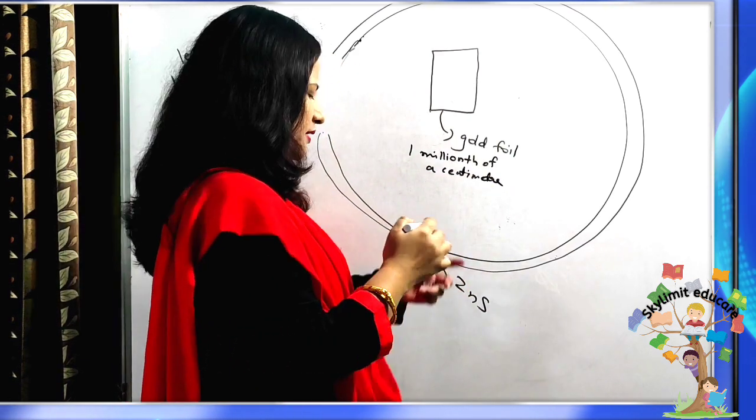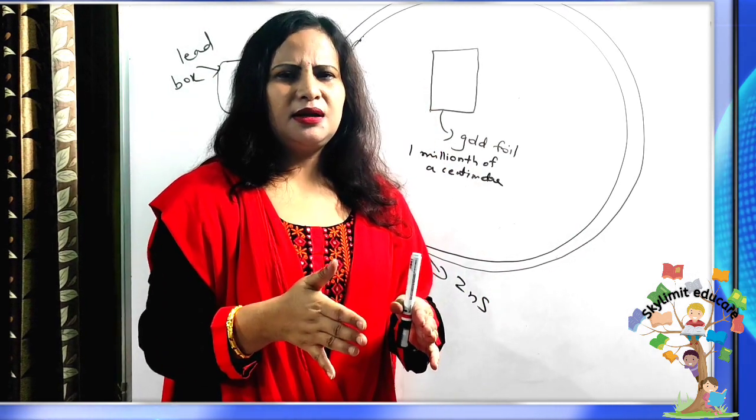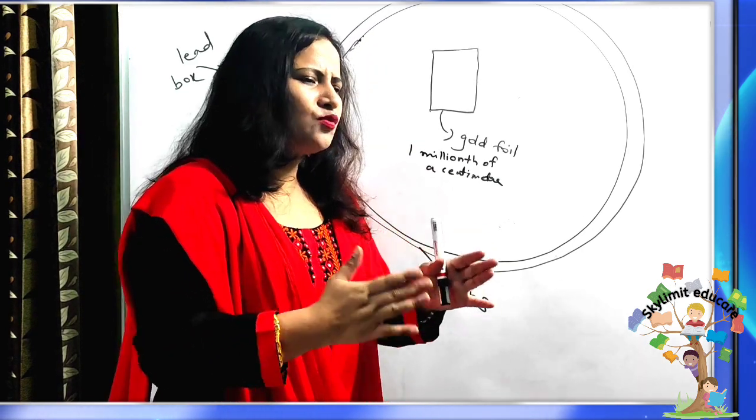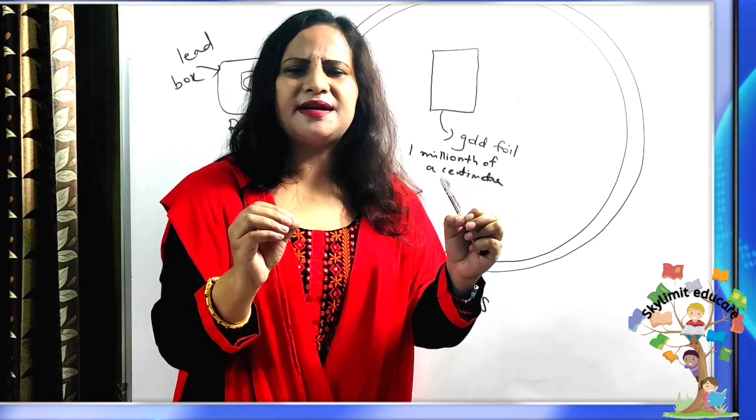Because Rutherford wanted a very thin sheet of metal on which to bombard the alpha particles. His intention was that he wanted the thinnest metallic sheet.